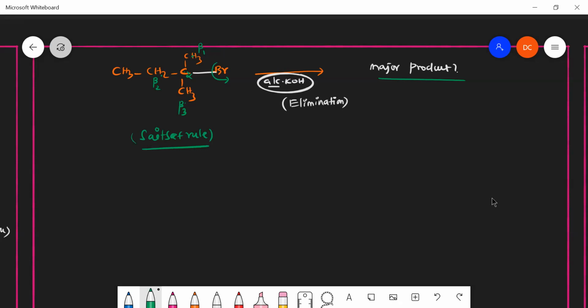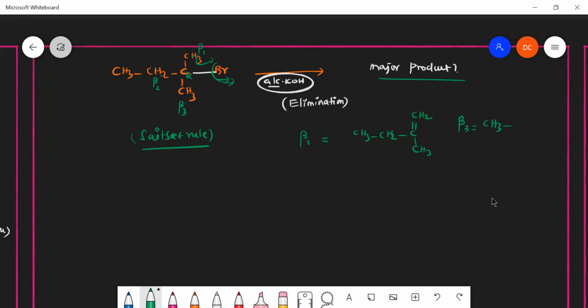So which kind of product can I get? What are all the possibilities? If from beta 1 the hydrogen is getting eliminated, and from the alpha carbon bromine is getting eliminated, that time CH3, CH2, C, double bond, CH2, here CH3. If it is beta 3, again the same product, but instead of the top, we have the double bond at the bottom.